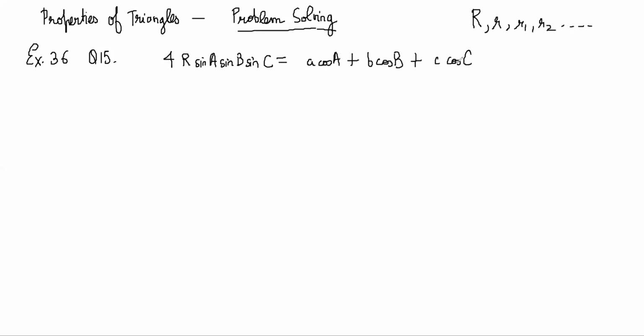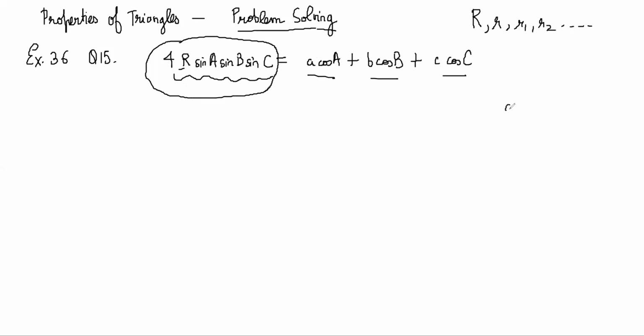Okay. So here, there is no obvious way to simplify this left hand side, right? So maybe we should start with the right hand side and try to get it to there. So here a cos A, and I don't need any sides in this, right? There are just angles. So I have to convert the angle to a side, and this capital R gives me the hint that sine rule must be used, right?